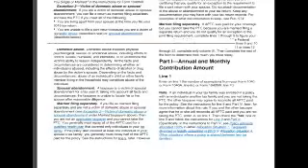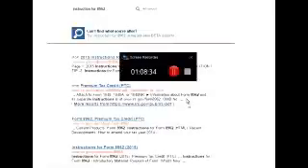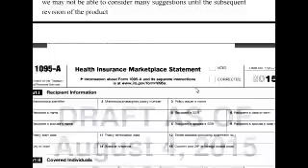And finally, on your form 1040. Okay guys, here's what you're going to send to the IRS for the health insurance marketplace.